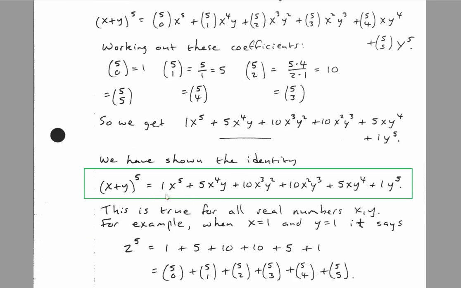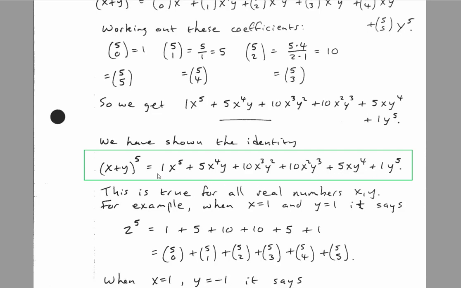Okay, so just written again, we get this identity. Okay, so this is true for every real number x, every real number y. We get this pattern of binomial coefficients 1, 5, 10, 10, 5, 1.